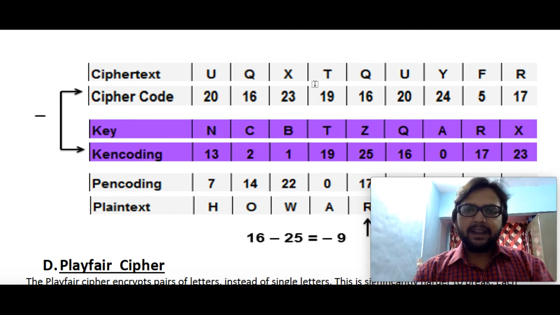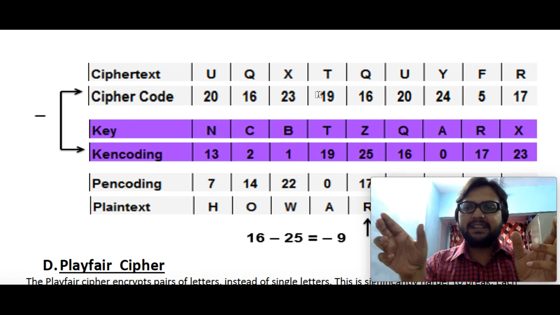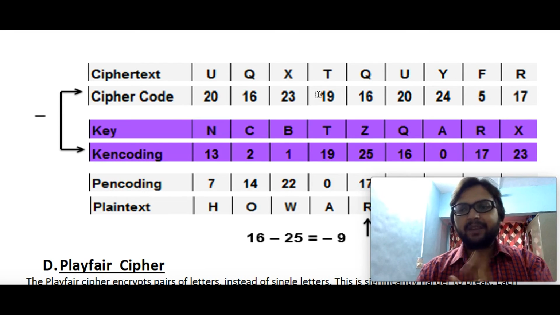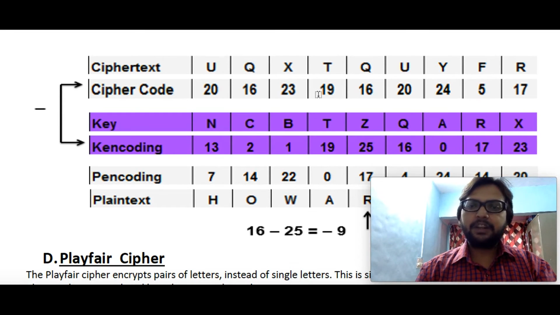But in this particular algorithm, we are going to assume our key is equal to our plain text message. So if in our plain text message we have 10 alphabets, then our key should be 10 alphabets long. I hope this particular point is clear, and the rest of the technique is similar to Vigenère Cipher.